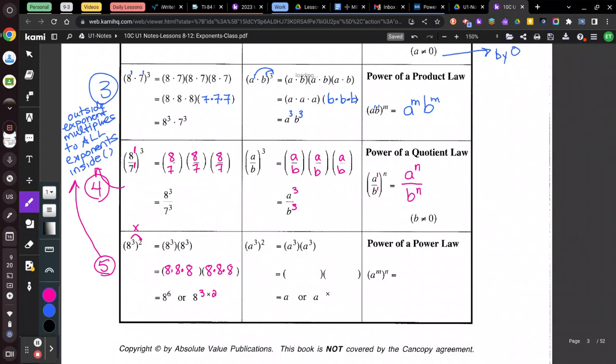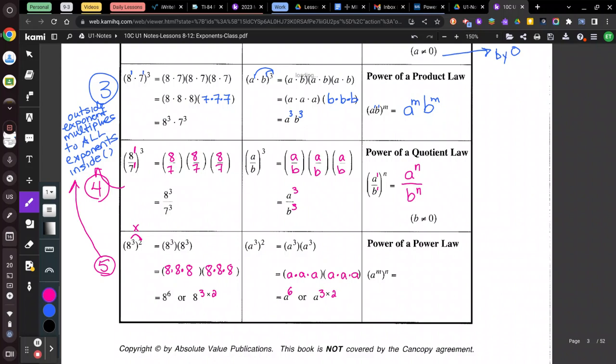Same thing is going to happen to this one. I have two A to the 3s. So I've got A times A times A and another group of A times A times A. So I would have A to the 6, or 3 times 2. Two groups of 3.